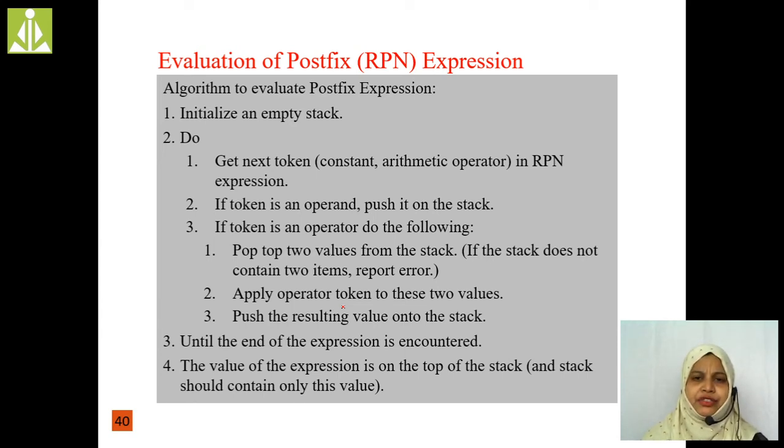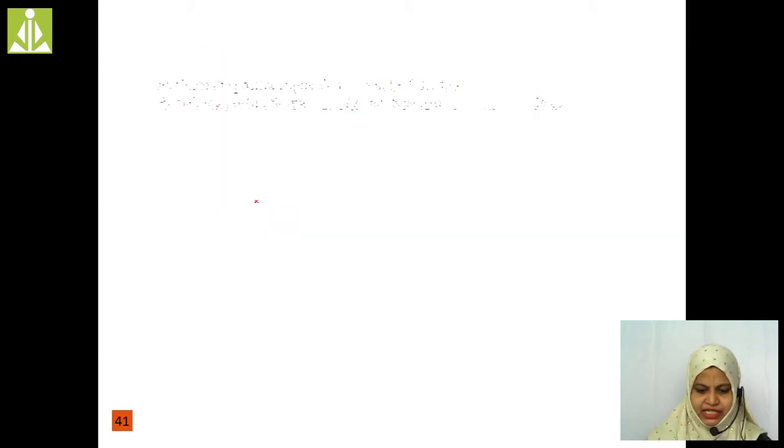If any operator is encountered, just delete the top two elements, pop the top two elements, then perform the operation, and the answer is going to be pushed into the stack. You have to perform the same operation until the expression ends, right? This is the algorithm for evaluation of postfix expression.